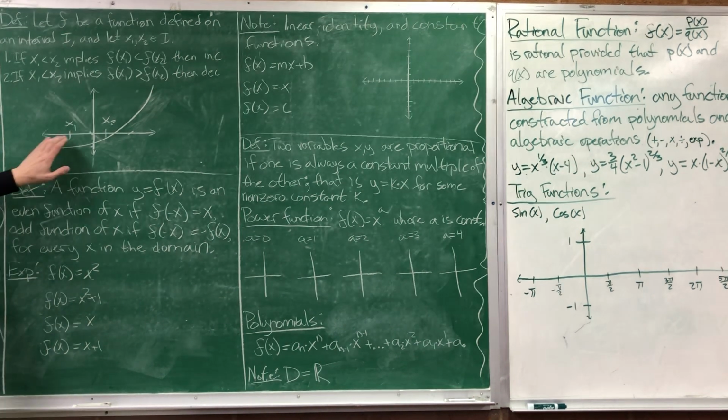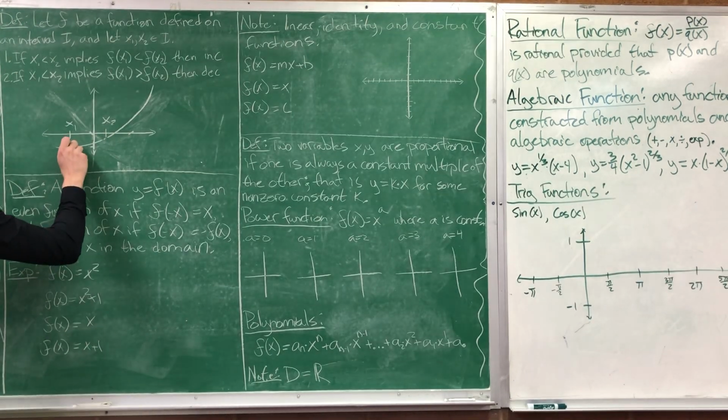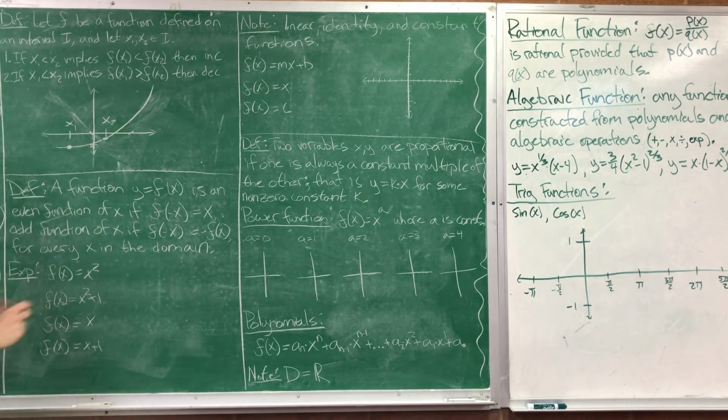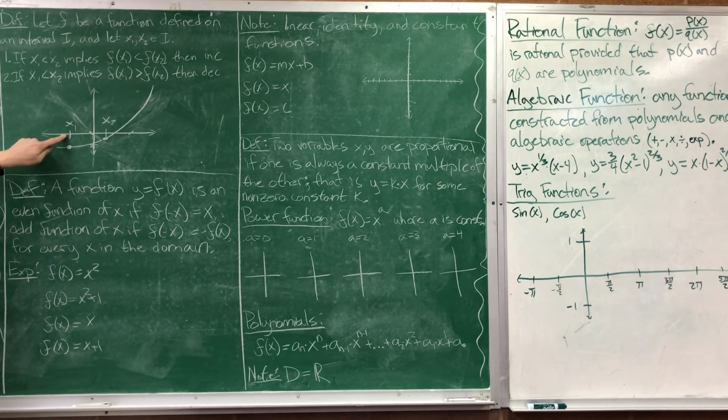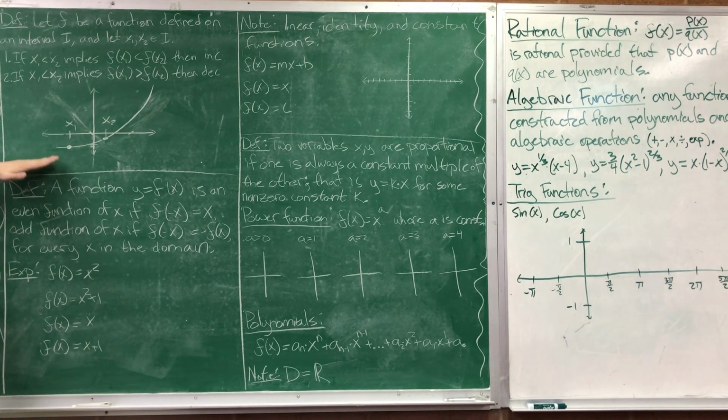If x1 comes before x2, then f of x1 is right here. It's the height of this point. And f of x2 is right here. That's the height of this point. If x1 comes before x2, then f of x1 has to be less than f of x2. If x1 coming before x2 implies f of x1 is less than f of x2, then the function's increasing. Make sense?